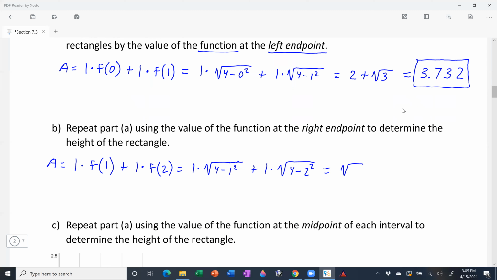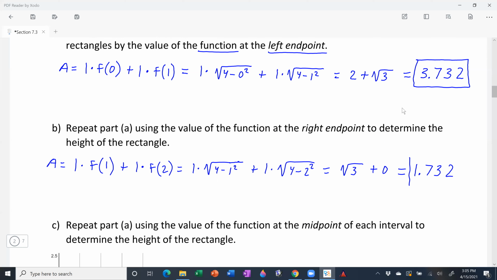So here we go, we get the square root of 3, and the other term, 4 minus 4, square root of 4, all of that is 0. So this gives us just the square root of 3. If I type that in, again, I want to get some decimal approximations to compare our answers visually: 1.732.